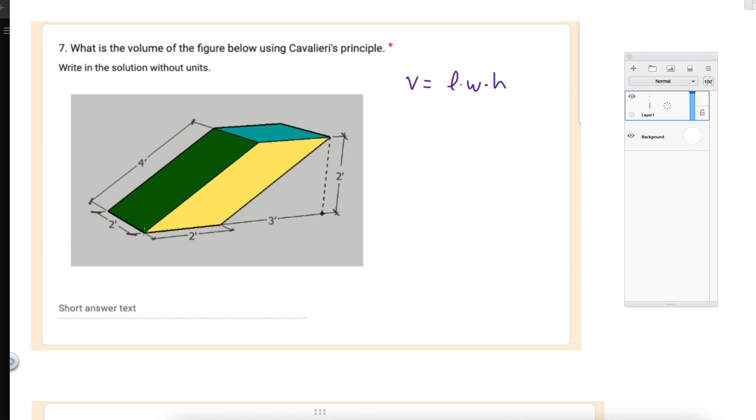So in this case, this is a rectangular prism, volume equals length times width times height.